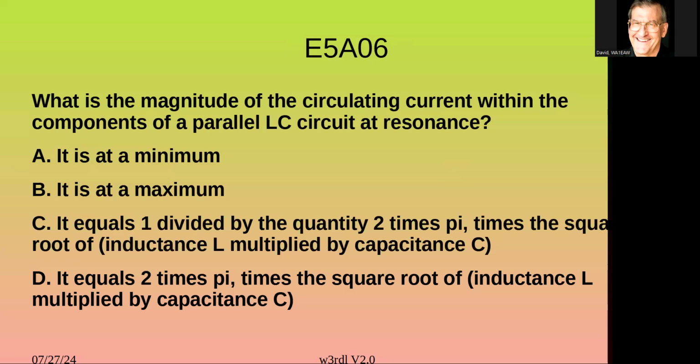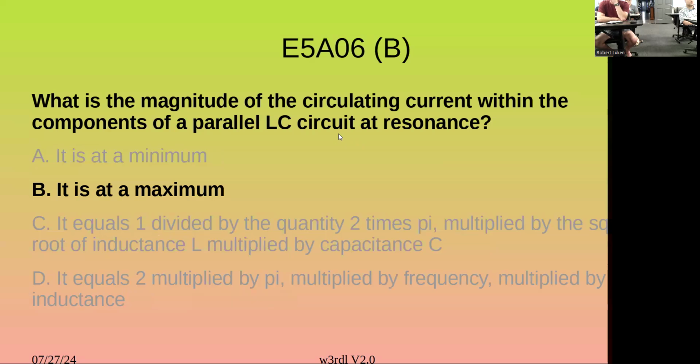See, now that's an example where it would not help. Any guesses? Alpha, Baker, Charlie, Delta. B, because as somebody said, those long answers tend to be wrong. It's maximum. So the current within that loop can get extremely high.